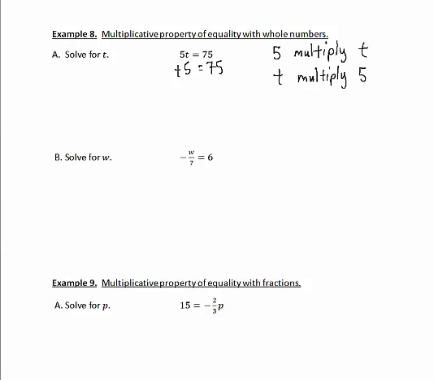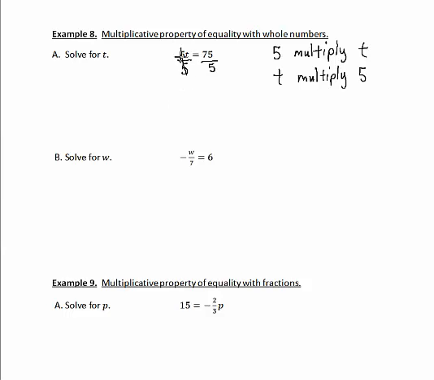Okay, but the point is that what we want to do to solve this equation, or stated a different way, get the t by itself, is we want to take both sides and divide by 5. So I simply take both sides and put a fraction bar underneath, and then I write 5 underneath that.